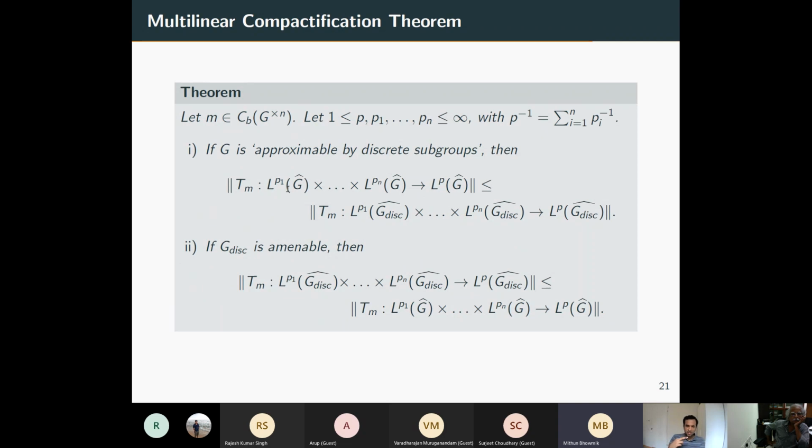But there's a restriction: to say that the norm of the multiplier on the discretized group is less than the norm of the initial multiplier, you really need that the discretized group is amenable. And to go the other way, you need that it's approximable by discrete subgroups.